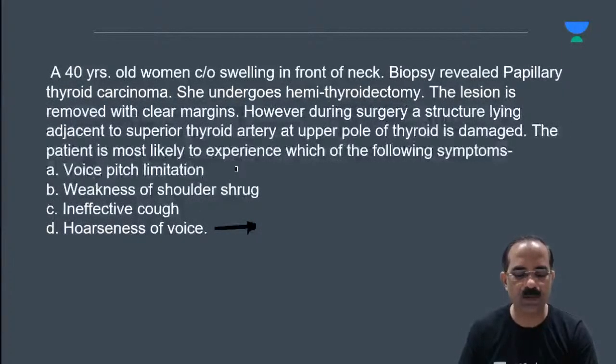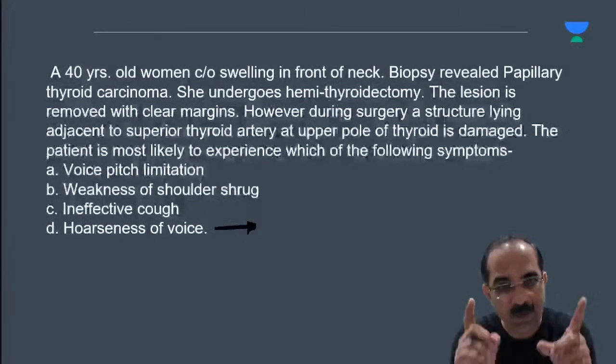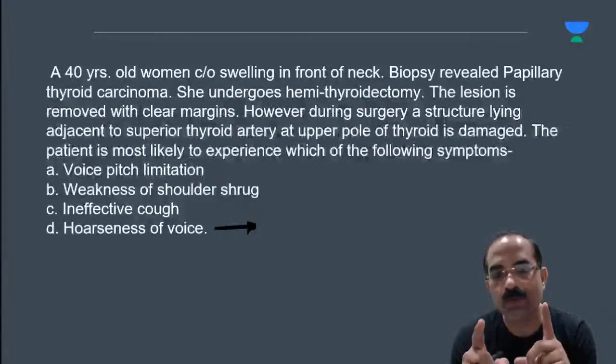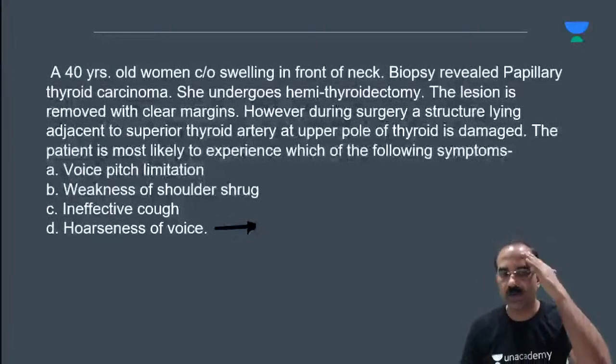Madnet has written A. Okay, most of you have answered this as D, no? But D is not the answer. Bacha, D is not the answer. Why? Understand this. When you answer a wrong option, you will always remember why it is wrong. वो हमेशा याद रहेगा आपको.